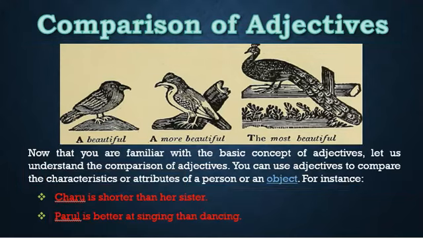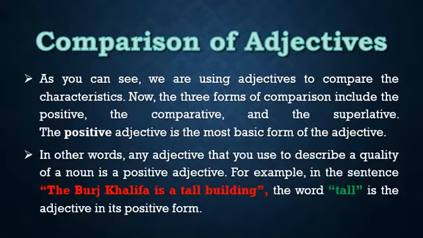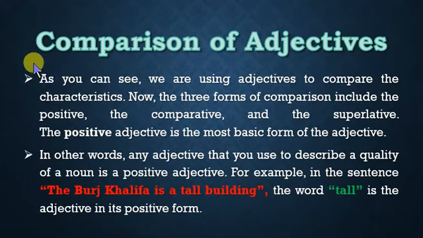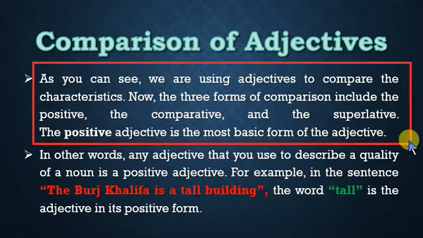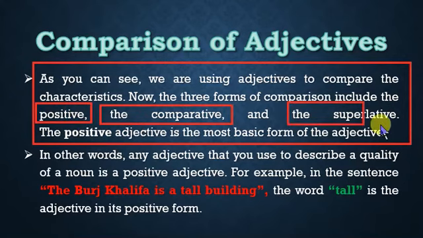So now we will move to the next slide. Now in this slide you are able to see comparison of adjective. As you can see, we are using adjectives to compare the characteristics. Now the three forms of comparison include the positive, the comparative, and the superlative. The positive adjective is the most basic form of the adjective.